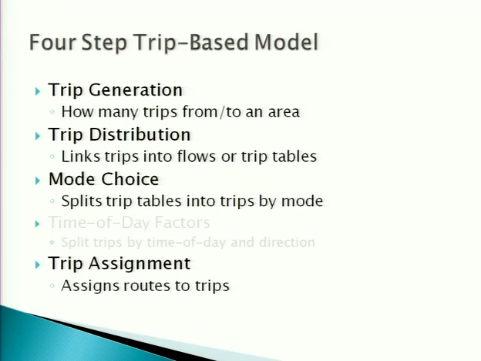In a trip distribution step, so this tells us how many trips are produced in all the different areas. The distribution step takes the trip productions and chooses destinations for them. So we're going to say that a certain amount of work travel is generated in this area where there's lots of households, and downtown there's lots of employment.